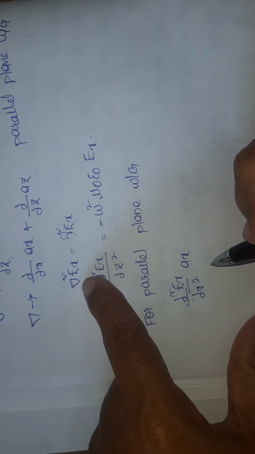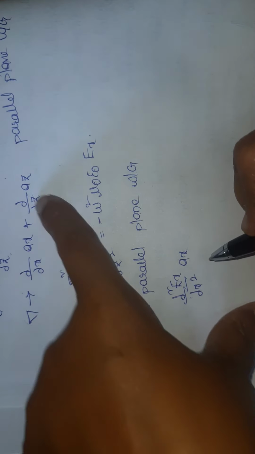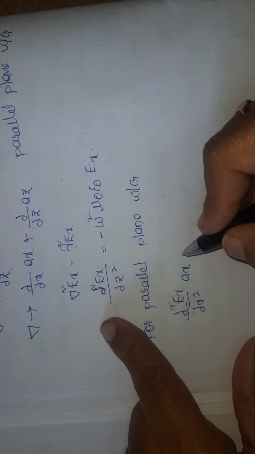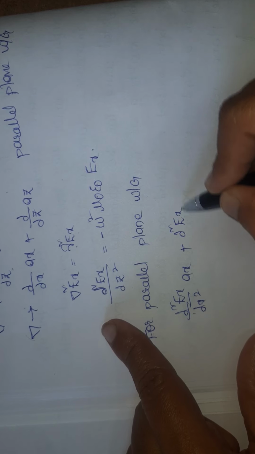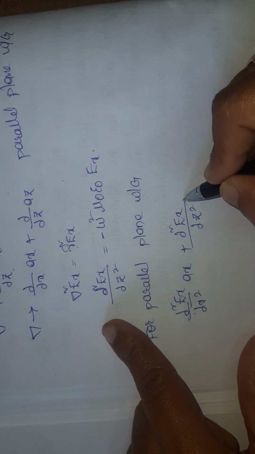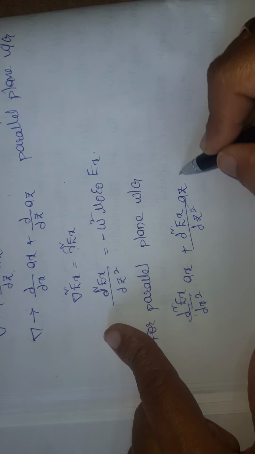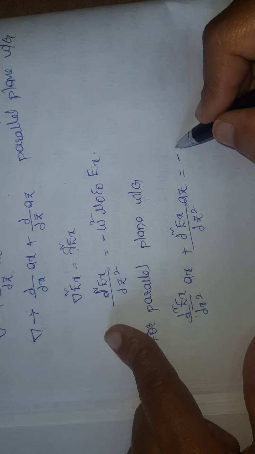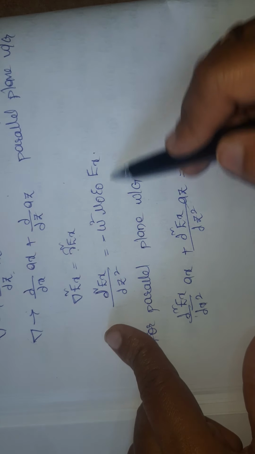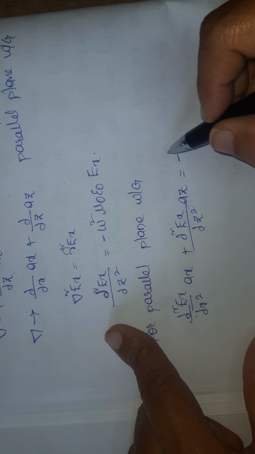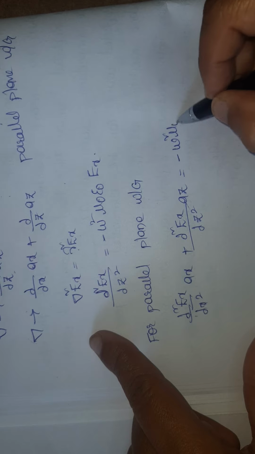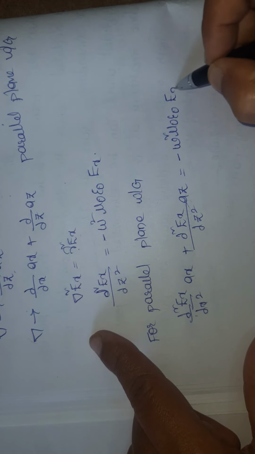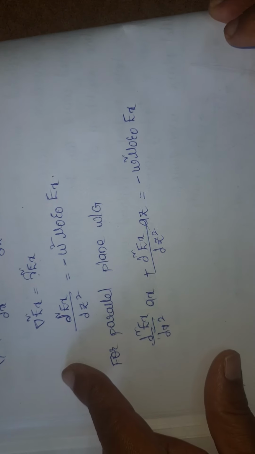I am just substituting this del value here. Plus dou square Ex by dou z square az is equal to, on the right side I am writing this one, I am just equating minus omega square mu naught epsilon naught Ex.